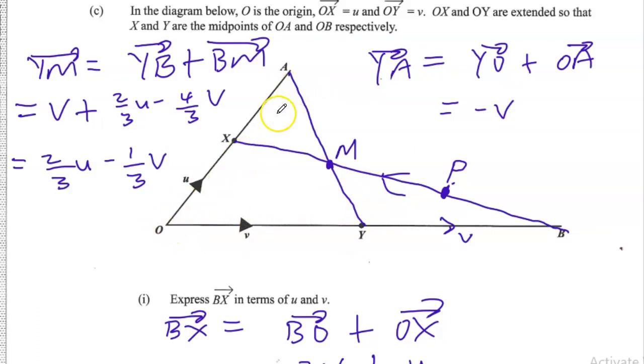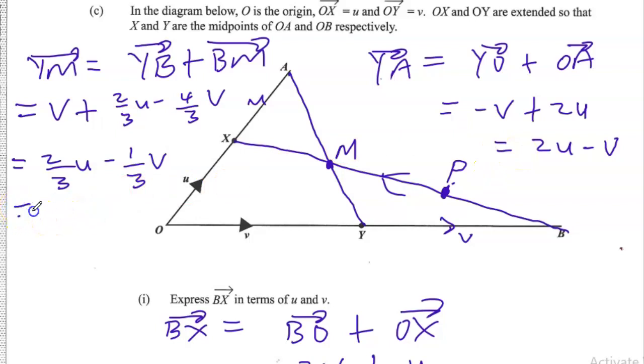And OA, remember X to A is also u, so OA would be 2u. Let me rearrange it, putting the positive value first. So this is 2u minus v. Alright, so that's YA.